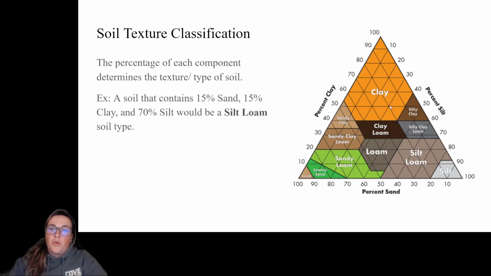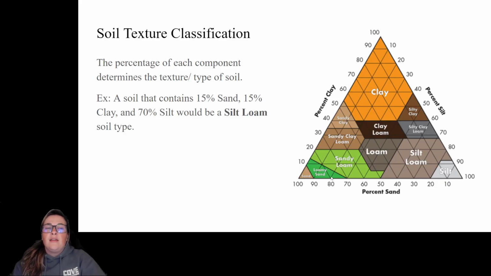So you can see a majority of this is clay. Then we have like combinations: clay loam, sandy loam, silt loam, loamy sand, right? So again, loam is just a combination of those things, but the only three types of soil texture or soil particles are clay, silt, and sand, right?